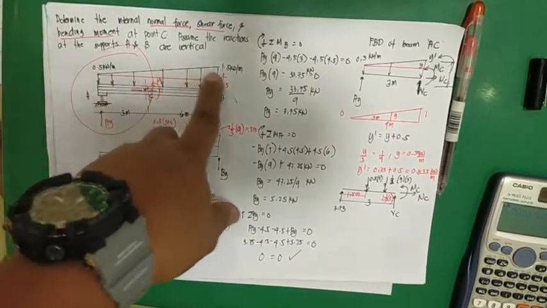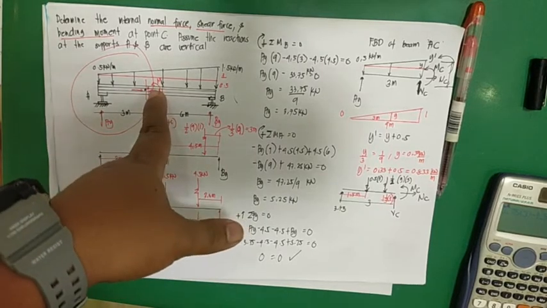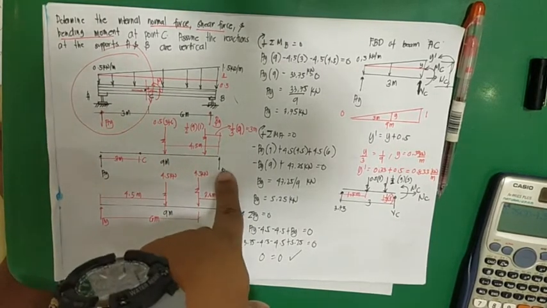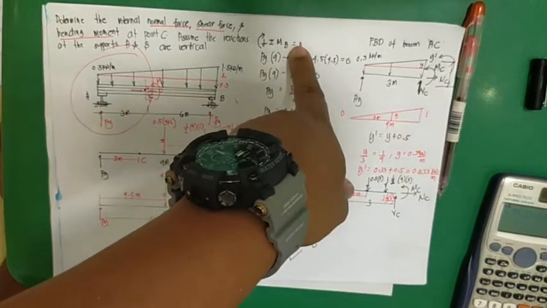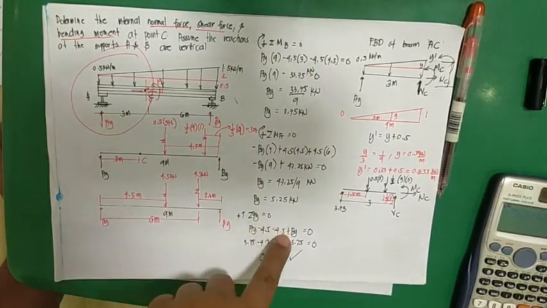So, having this said, before you cut the section at point C, you first determine the reactions AY and BY using moment. AY is 3.75, BY is 5.25 kilonewton.